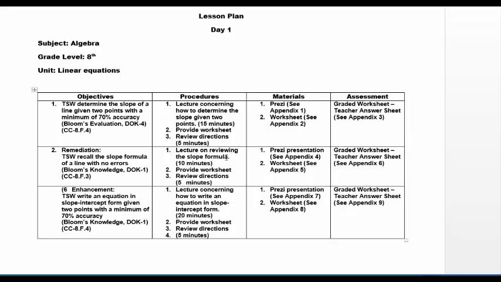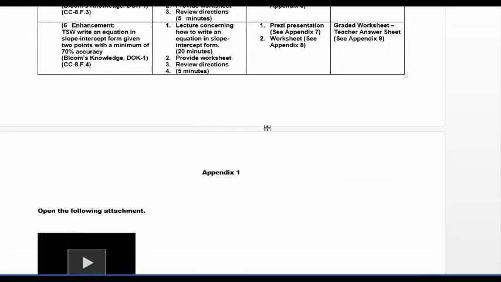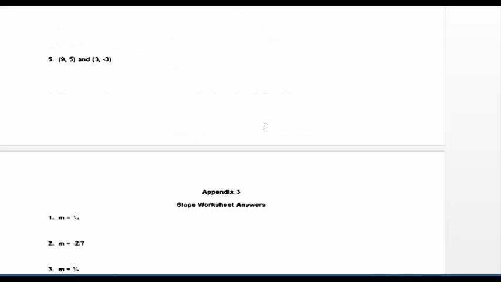All right, so apparently the student is not able to determine the slope. So let's just see if the student can recall the slope formula. Very straightforward remediation objective. So under assessment, we have graded worksheet, teacher answer sheet, see Appendix 6. So let's go to the Appendix 6.